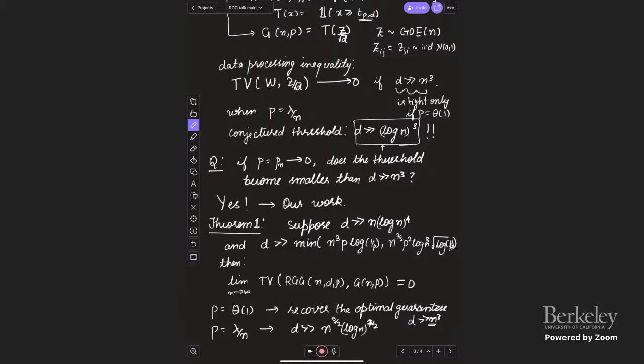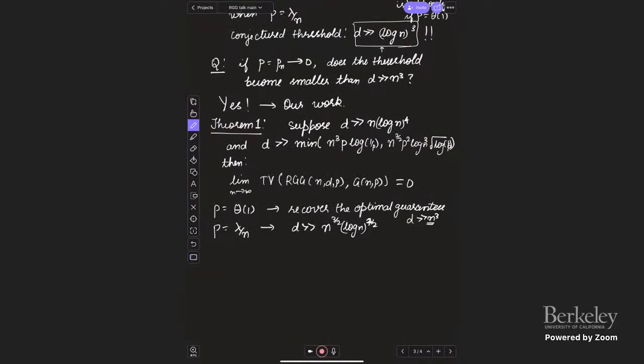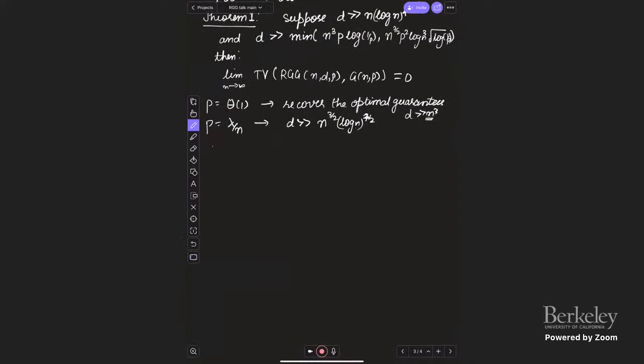Okay. Let me briefly describe our proof technique. Firstly, we apply Pinsker's inequality, and conclude that to show that the total variation distance converges to 0, it is sufficient to show that the KL divergence converges to 0.